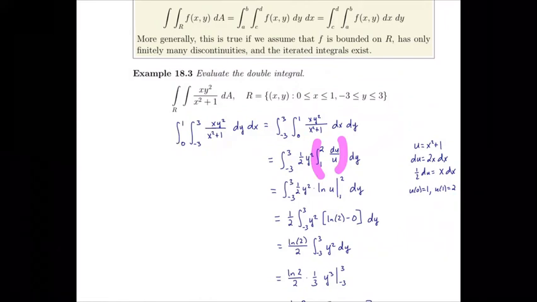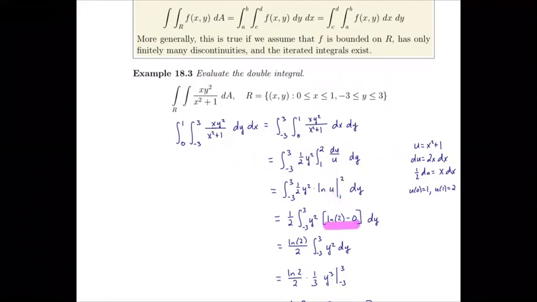The integral of 1 over u is natural log of u, from 1 to 2. We only plug these values into the function of u that we have here. So that's natural log of 2 minus the natural log of 1, which is 0. And now we have a constant of natural log of 2 inside this integral.